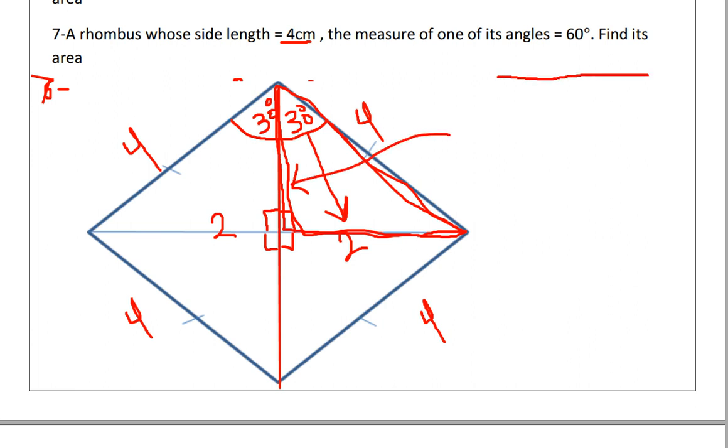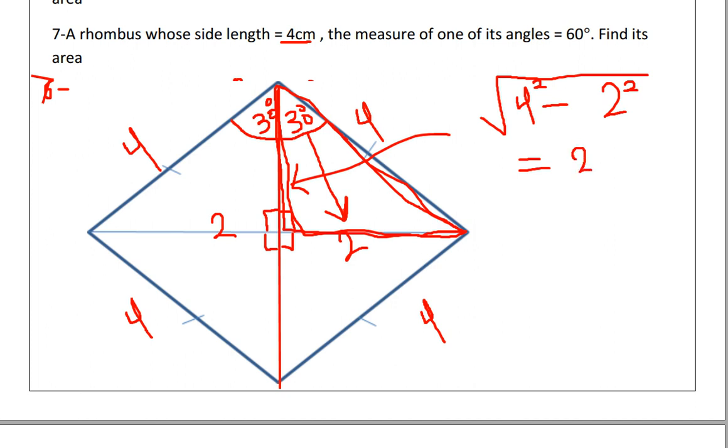Pythagoras theorem says that if you have 2 sides in the right angle triangle, you can get the third. Here we have the hypotenuse, the side opposite to the right angle, so we will subtract: 4² minus 2², and use the calculator. 4² is 16 minus 4 is 12, and the square root of 12 is 2√3.